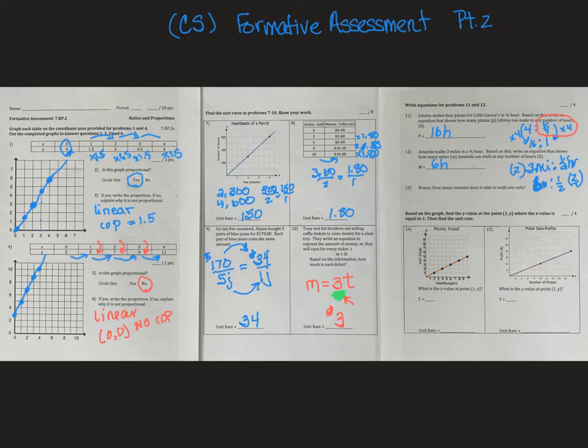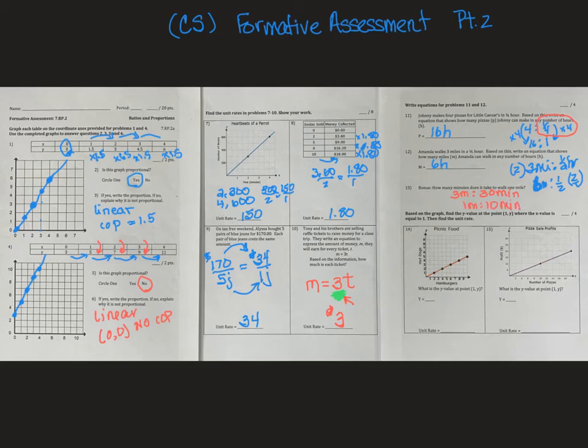Okay, the next one is bonus. And so this bonus says, how many minutes can she walk in 1 mile? So I'm going to take the information they give me, 3 miles, and I'm going to change the half hour to minutes because I'm looking for minutes. So if I have 3 miles in 30 minutes, I can do 1 mile in 10 minutes.